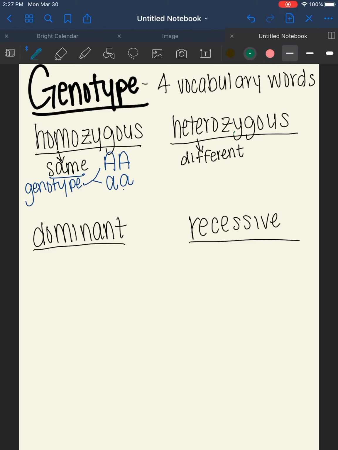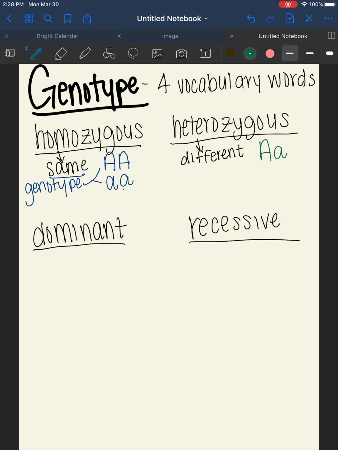Again, we're going to be looking at 2 letters, but now they are going to be different sizes. So you might have something like this, a big A and a little a. Again, they're heterozygous because they are different sizes. Okay, so again, homo, same size, hetero, different size.